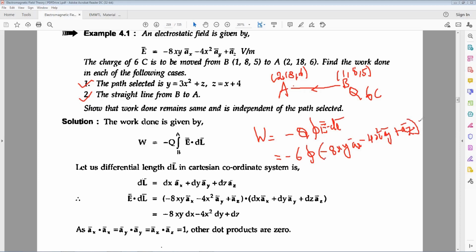dL, which is dx ax bar plus dy ay bar plus dz az bar. These are differential lengths in the Cartesian coordinate system. We know the dot product of a unit vector with itself is 1 and the other dot products are 0.